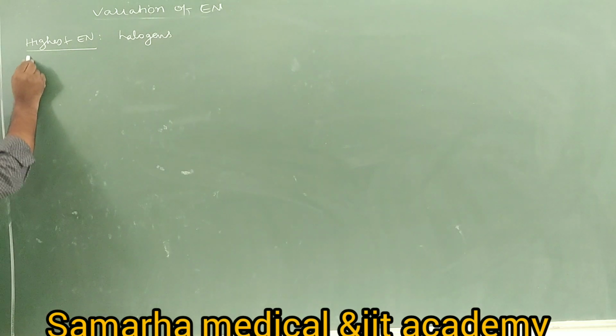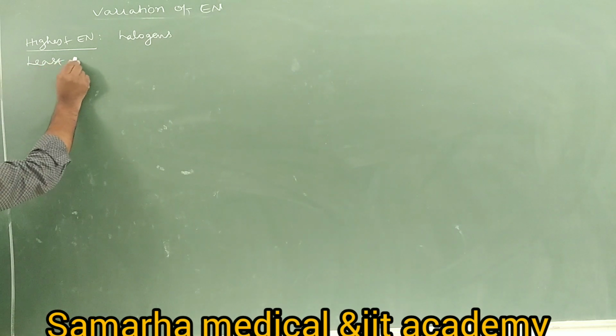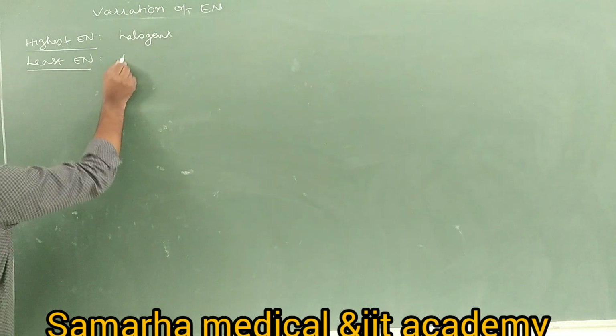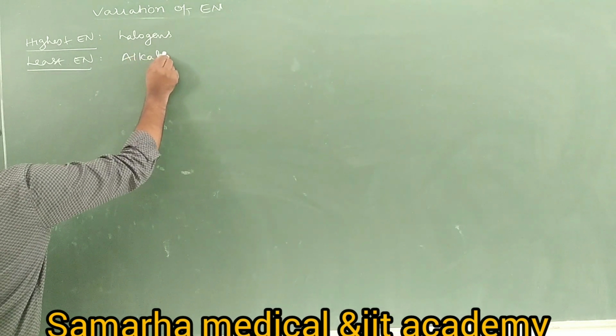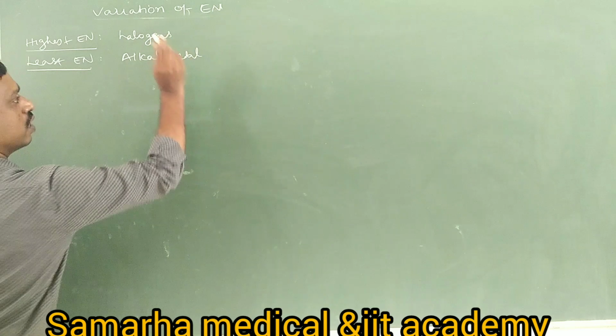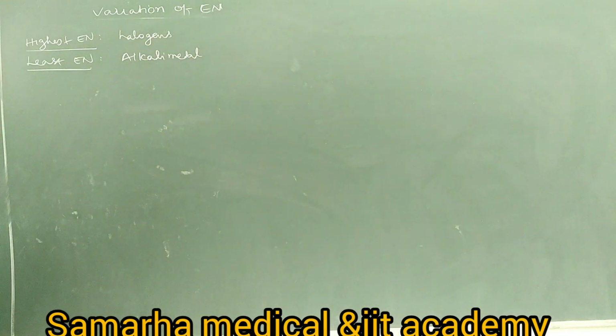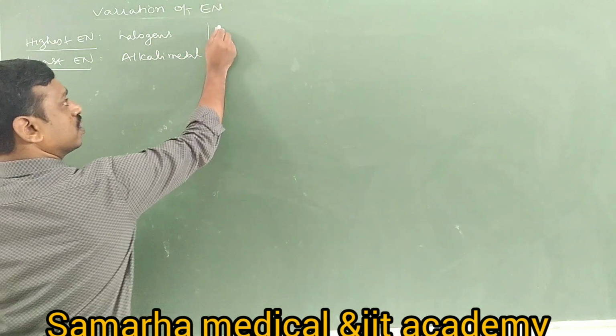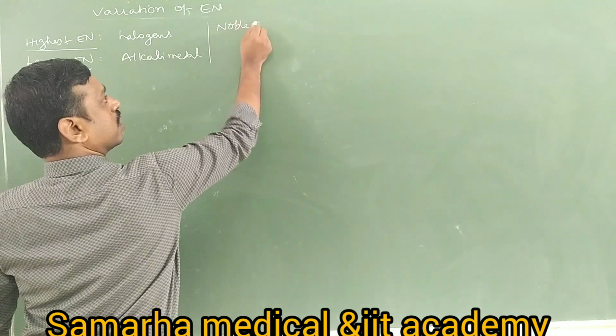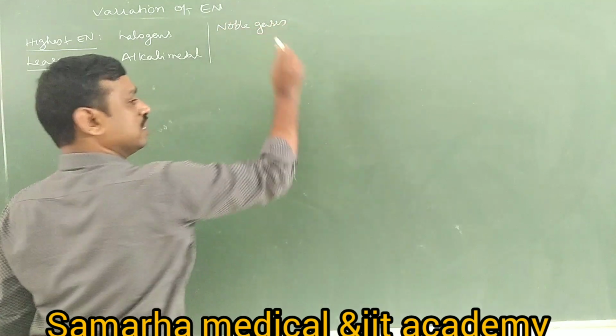Next, the least electronegativity: alkali metals. So alkali metals have the least electronegativity. Then what about noble gases? 0. So noble gases do not have the least, we call it 0.